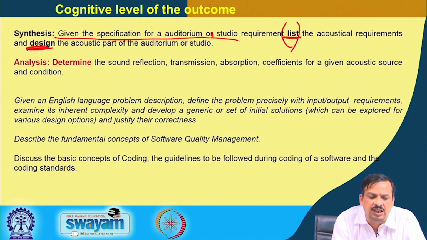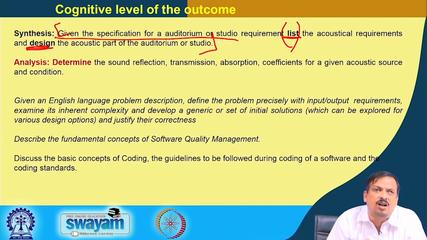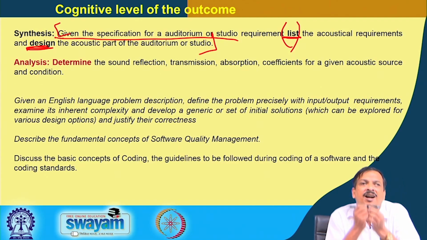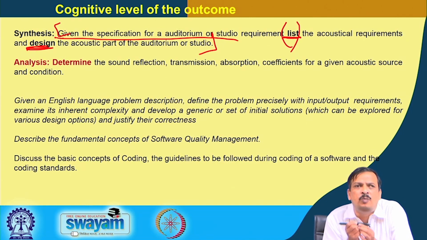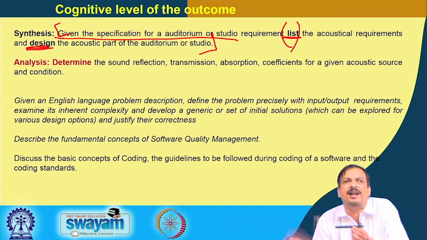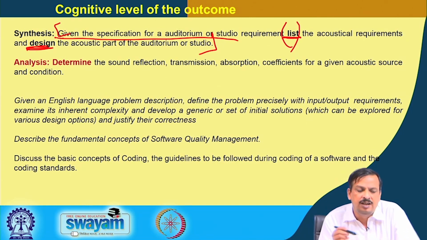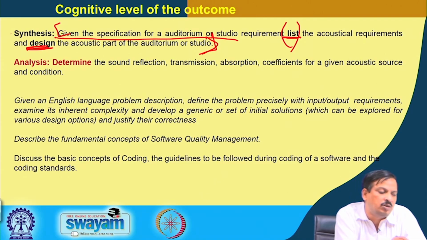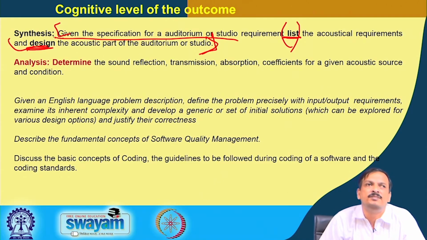So, the cognitive level of this outcome is synthesis, because Bloom says if a learner achieves a higher level, it is assumed that the lower level is already achieved. That is why the cognitive level of this outcome is synthesis.